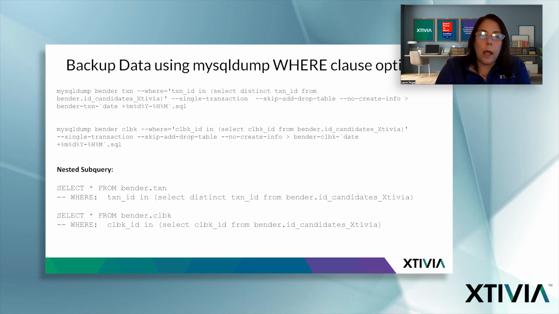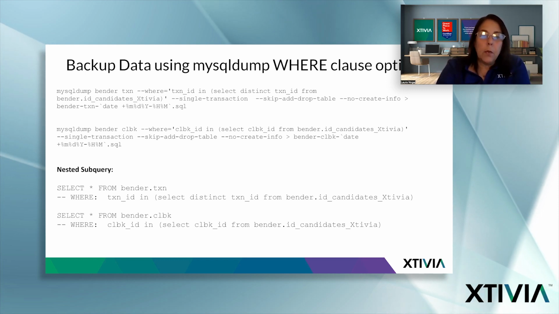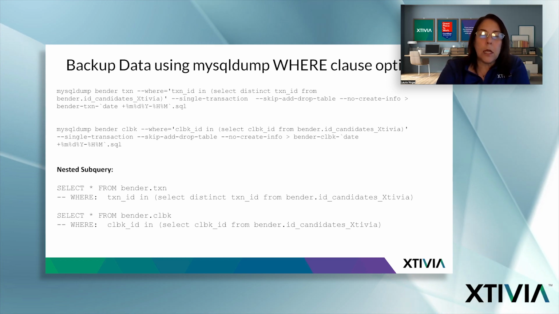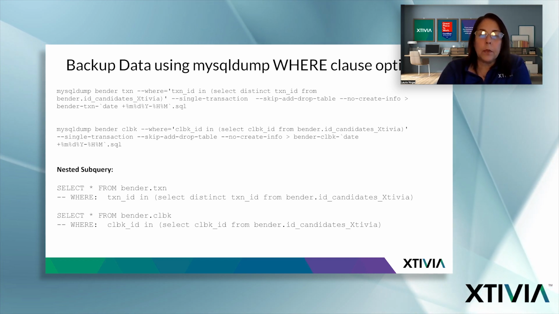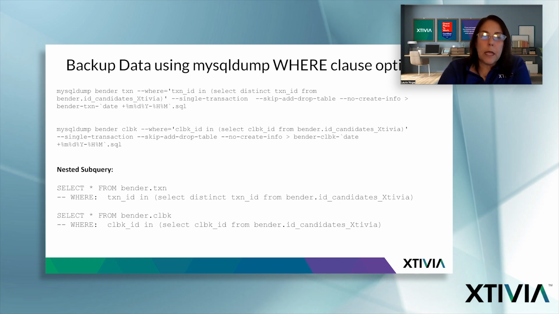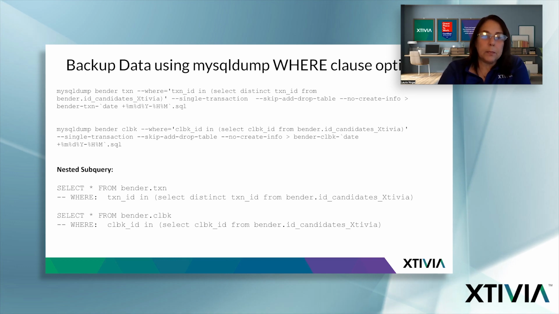So what I was able to do is I was able to dump records from the transaction table using a nested subquery from the candidates table. And I was able to do the same for the callback table. And this is what made me add the callback ID in the candidates table.